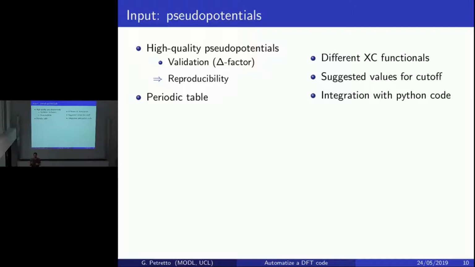But I will mention that our group was involved within the delta factor effort to provide high quality pseudopotentials, because these are crucial to run high throughput calculations in an automated way.